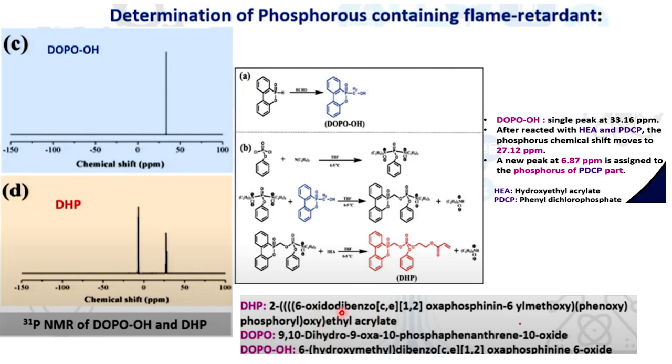This is the chemical name of the DHP, and you see after those three steps there will be the appearance of another peak around 0 point something. So this study can also be done, and is only possible, through 31P NMR. You cannot do this study with 13C or proton NMR.